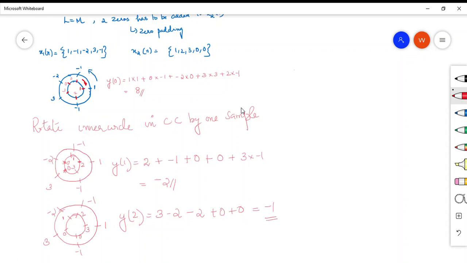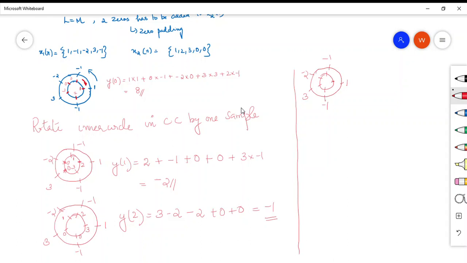Same way, for the next point, y of 3, you can get it by considering this circle, 1, 2, 3, 4, 5. Here also 1, 2, 3, 4, 5. So this is 1, minus 1, minus 2, 3, minus 1.